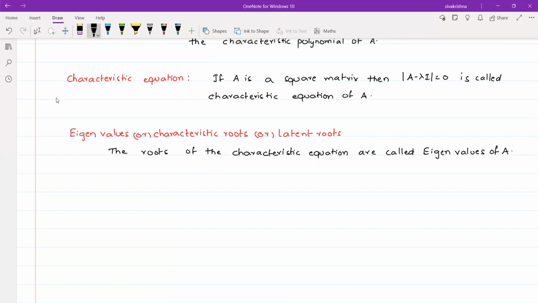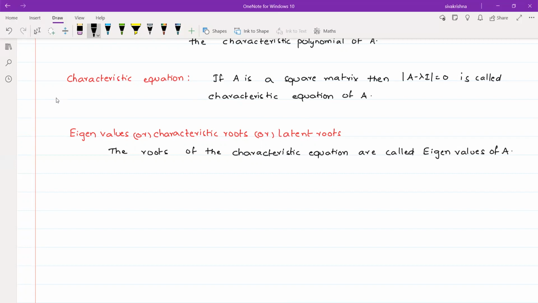Whenever you solve an equation, we get roots, and here we call those roots eigenvalues. So eigenvalues are nothing but the roots of the characteristic equation, det of A minus lambda I equal to 0. This is the simple definition of eigenvalues.